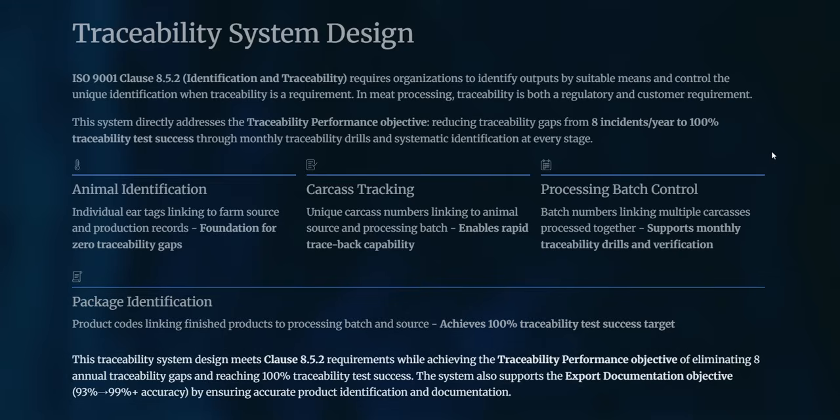So this traceability system design meets Clause 8.5.2 requirements while achieving the traceability performance objectives of eliminating 8 annual traceability gaps and reaching 100% traceability test success. This system also supports the export documentation objective of raising accuracy to 99% by ensuring accurate product identification and documentation.